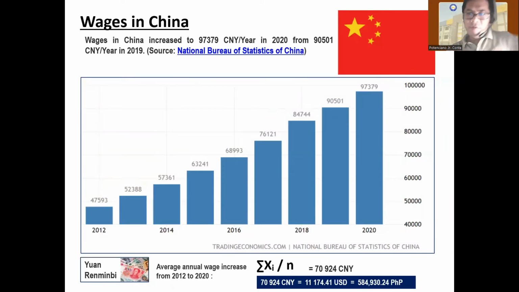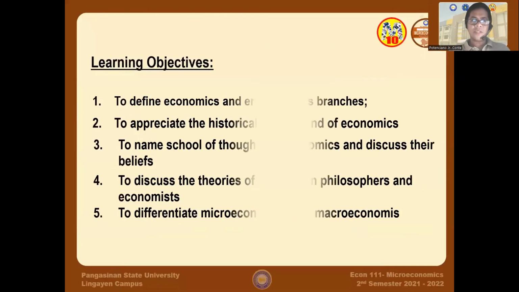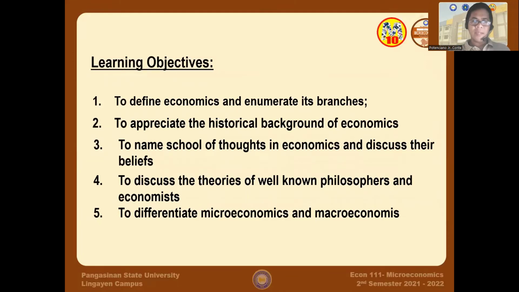For the second part of our lesson, let's go back and review our learning objectives: to define economics and enumerate the branches. We're done defining economics. To appreciate the historical background of economics, I do hope you learned and appreciated the background of economics, may it be biblical or scientific.